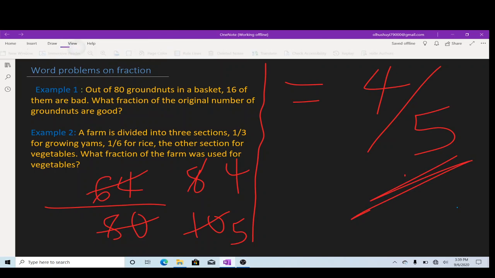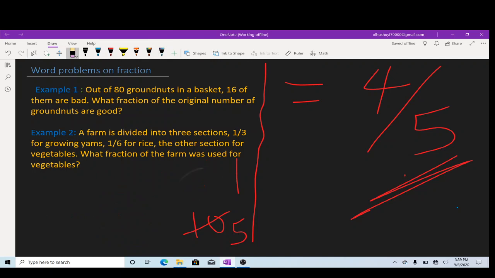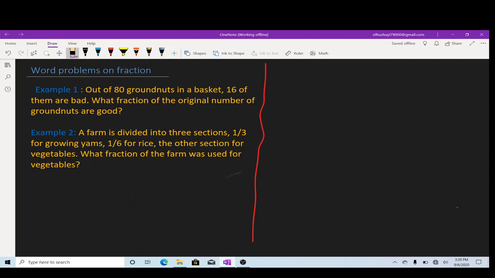The next question is similar, it's also a word problem, but you need to look at it from a different, logical perspective.